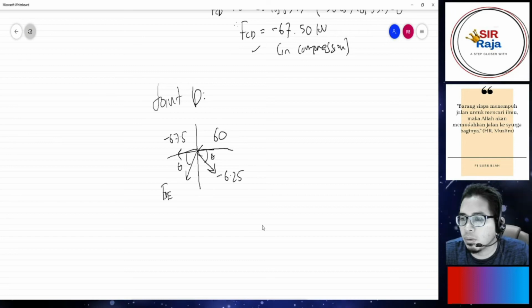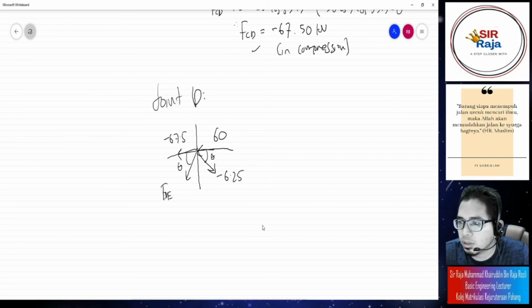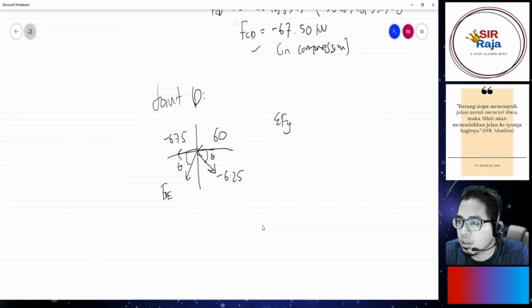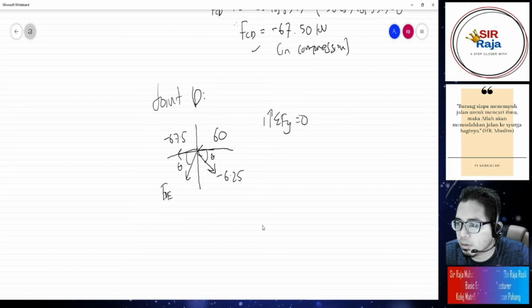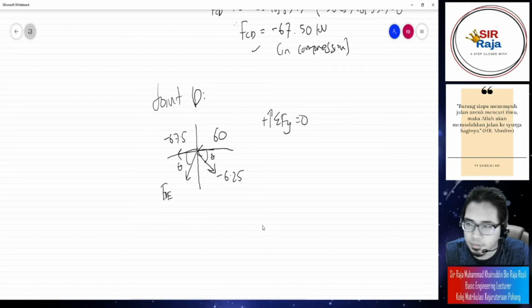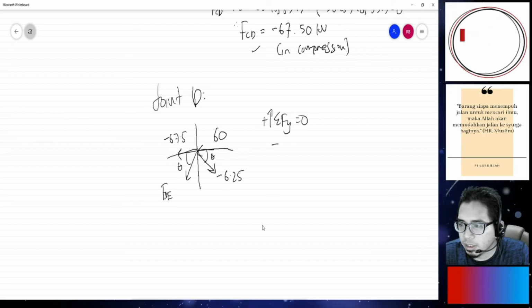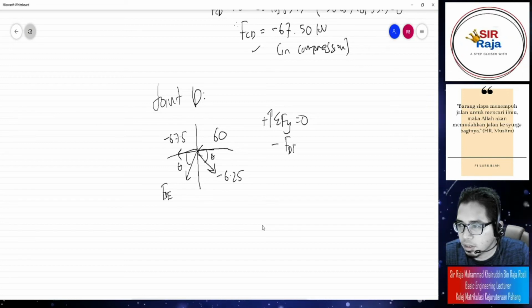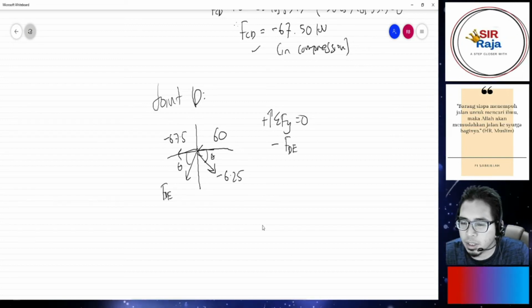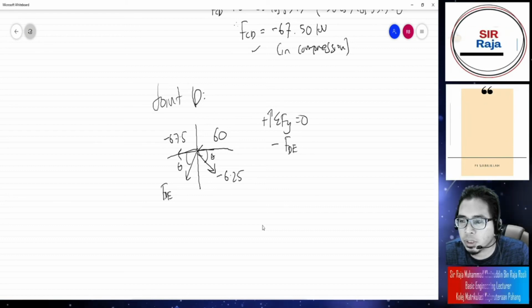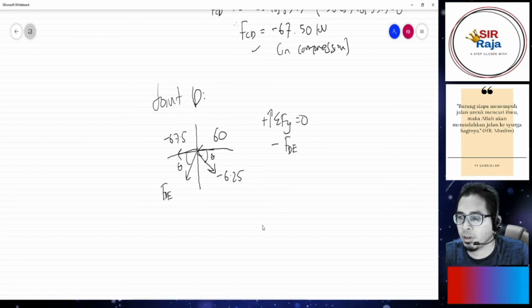Now we're just going to straight away use total Fy equal to 0. Going outward is positive. Notice here we only have one unknown left, so we just need one equation. So I'm just going to use Fy.